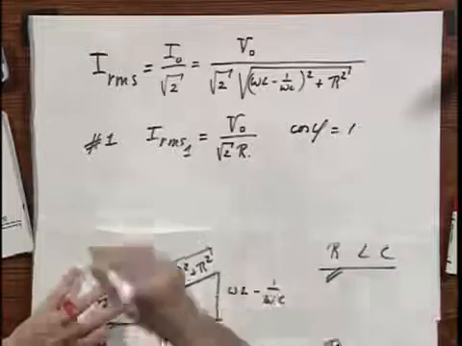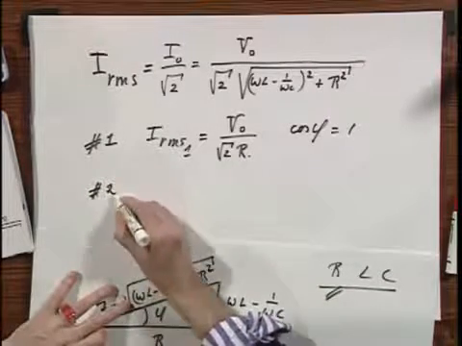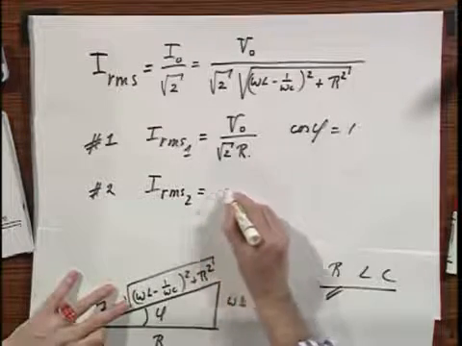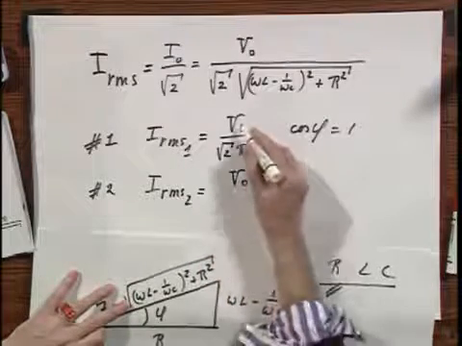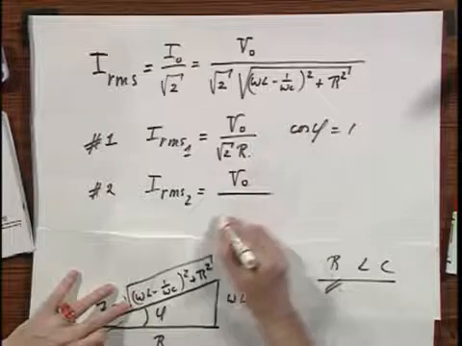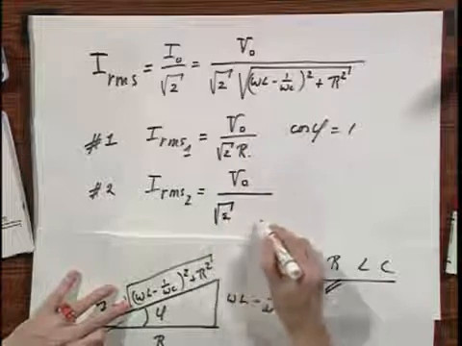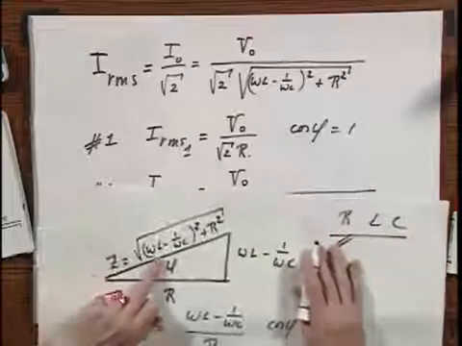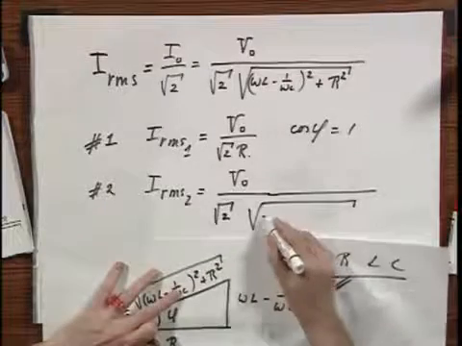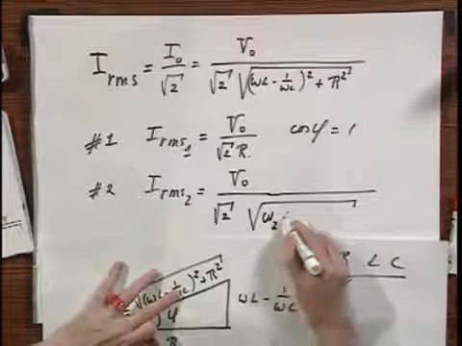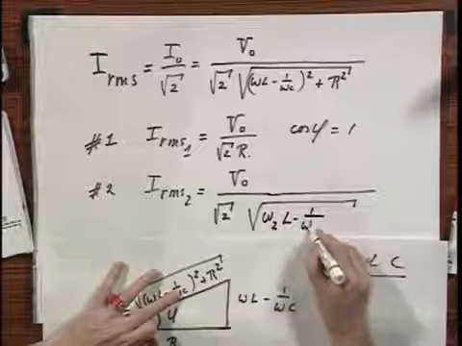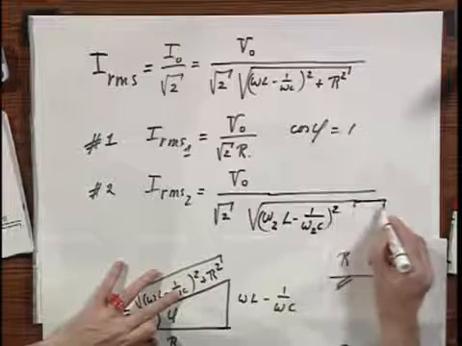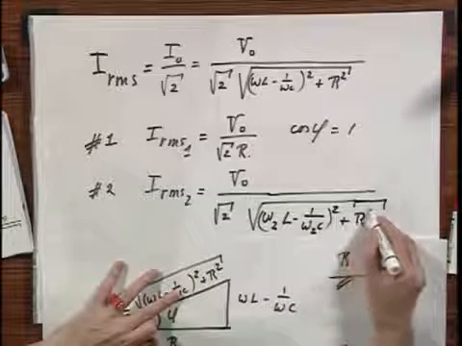Cosine phi equals 1. If I now go to station number 2, I RMS for station number 2 equals V0, and we have assumed that the V0s are the same, over the square root of 2, and now I get this square root, which is omega 2 L minus 1 over omega 2 C squared plus R squared.